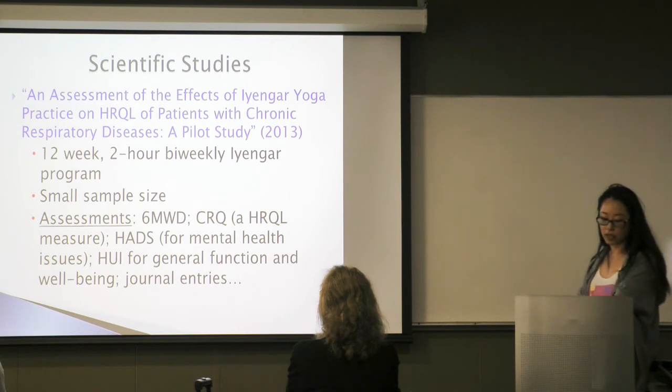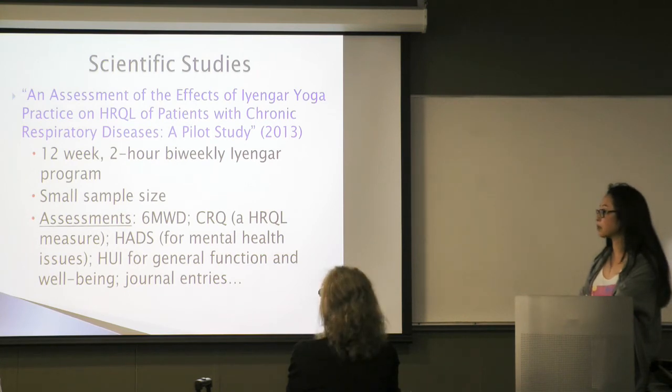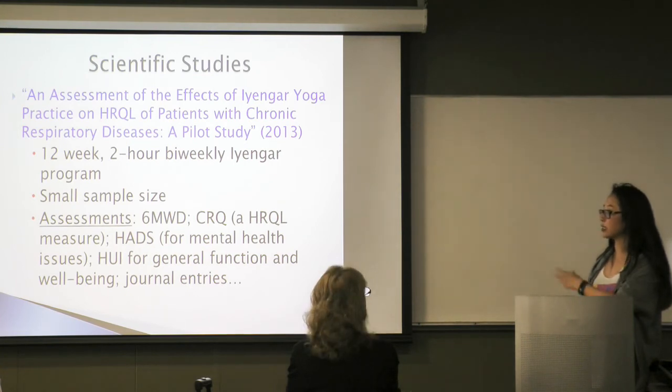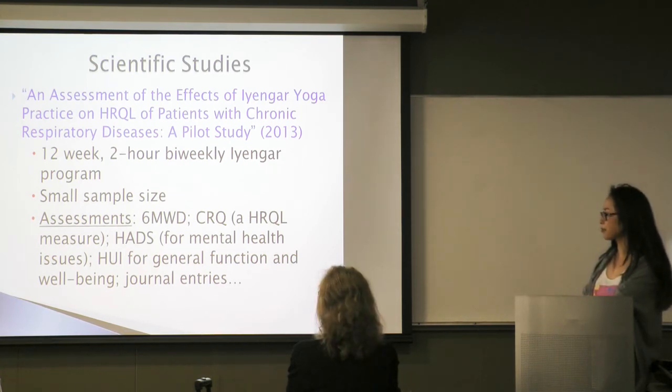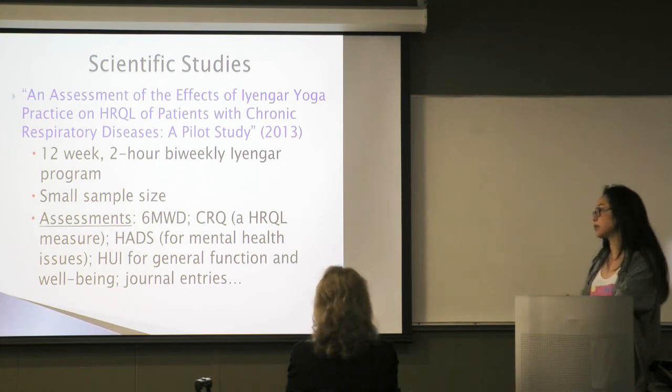This test measures how far a patient can walk at their own pace in 6 minutes, which quantifies functional mobility. CRQ is the Chronic Respiratory Questionnaire. It is a health-related quality of life measure. So as someone mentioned earlier, there are tons of questionnaires out there. This one is specific to the respiratory. HADS is for mental health issues, so there are comorbidities with anxiety, depression.